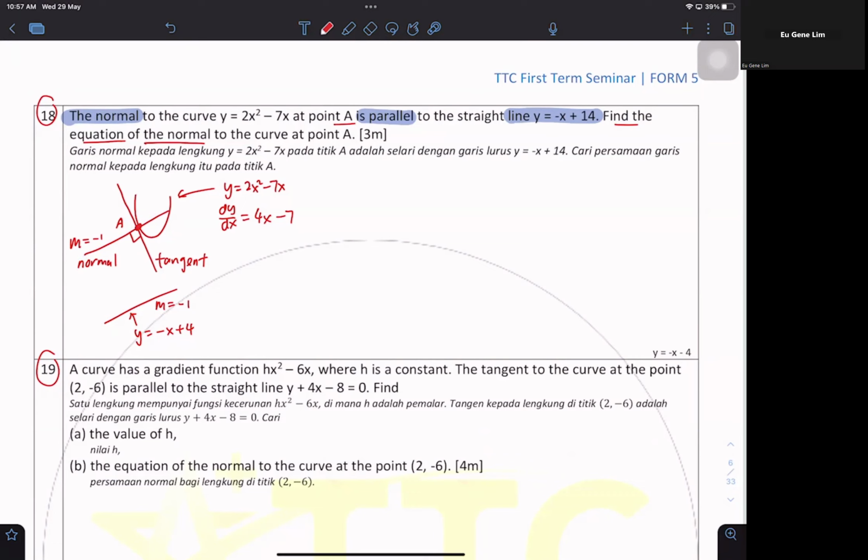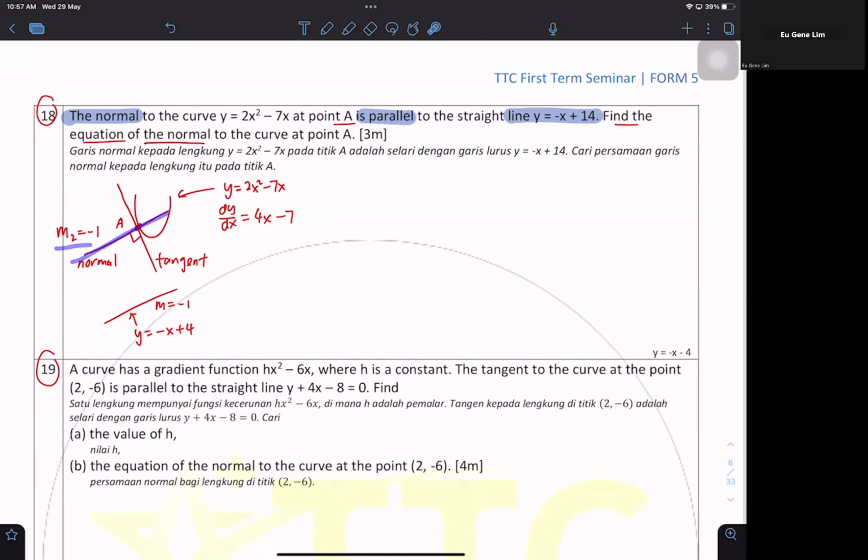But I don't want to write m equals -1. What should I write? I write M2, because I want to remind myself this is the normal. Normal is M2.